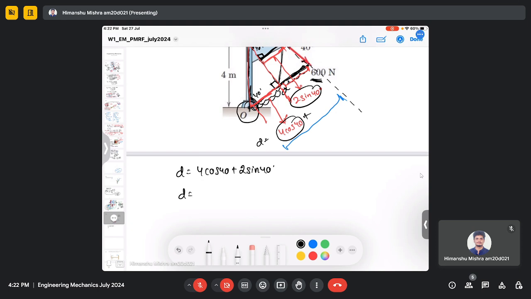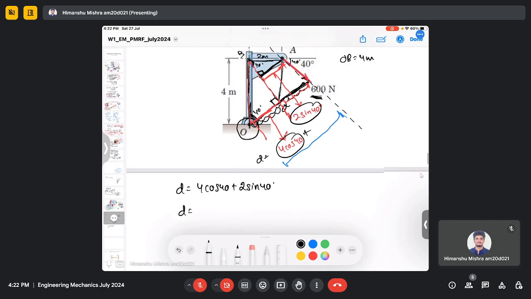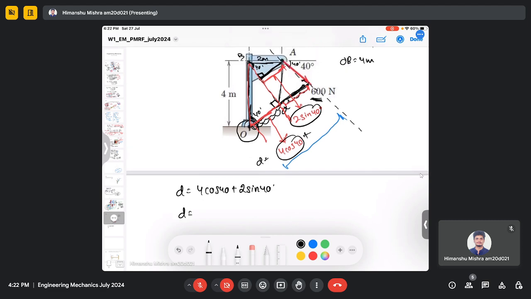So it will be 3.06 plus 1.285. So d will be 4.35 meter.